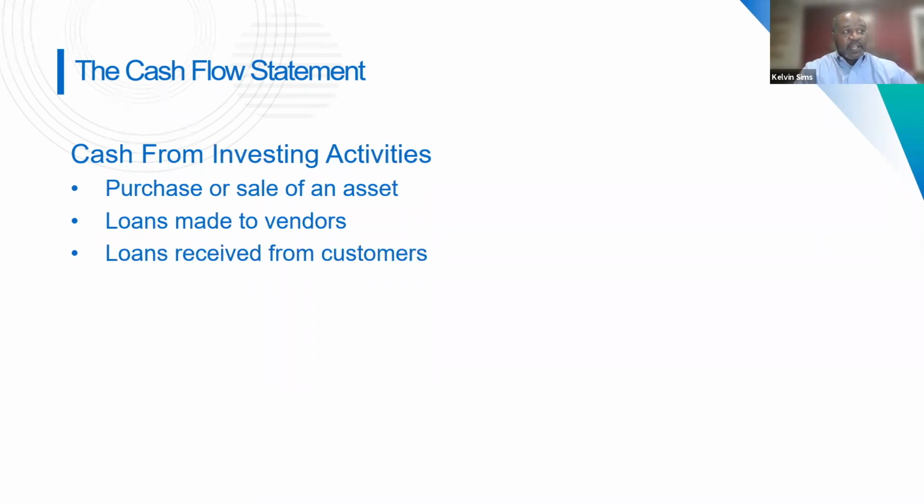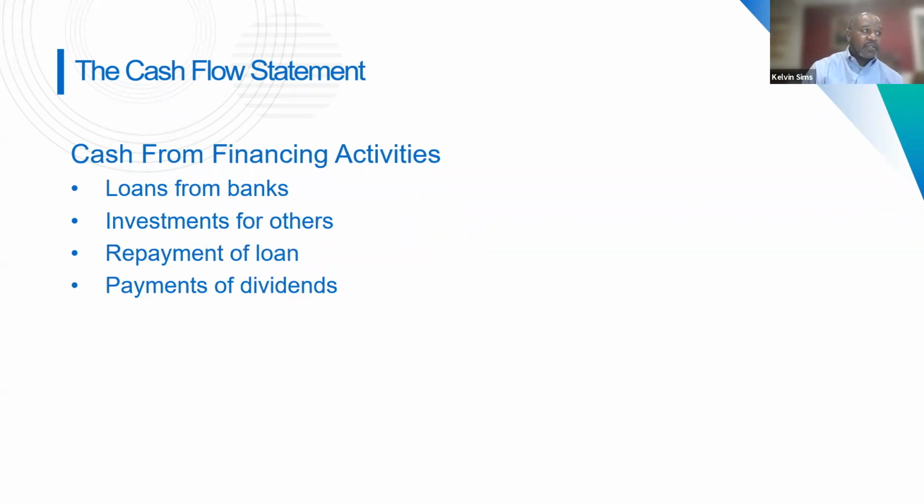The cash from investment: purchase or sale of an asset, loans made to vendors, loans received from customers. So all those could be cash or cash generating from an investment standpoint. They're not used to help generate business for the company.